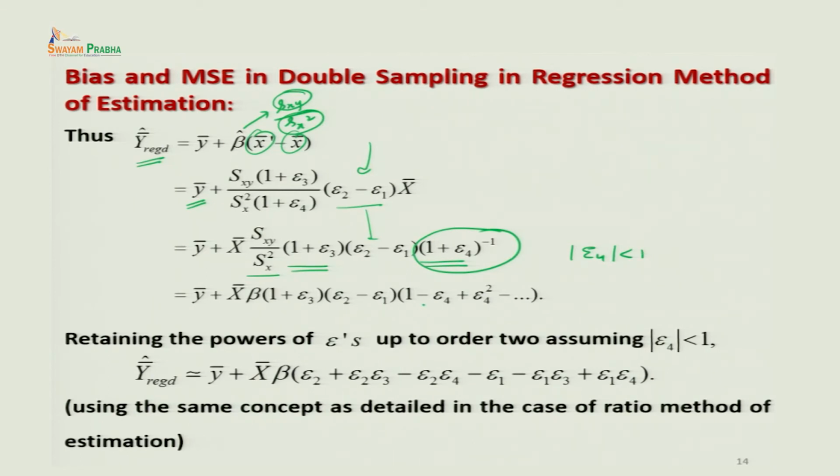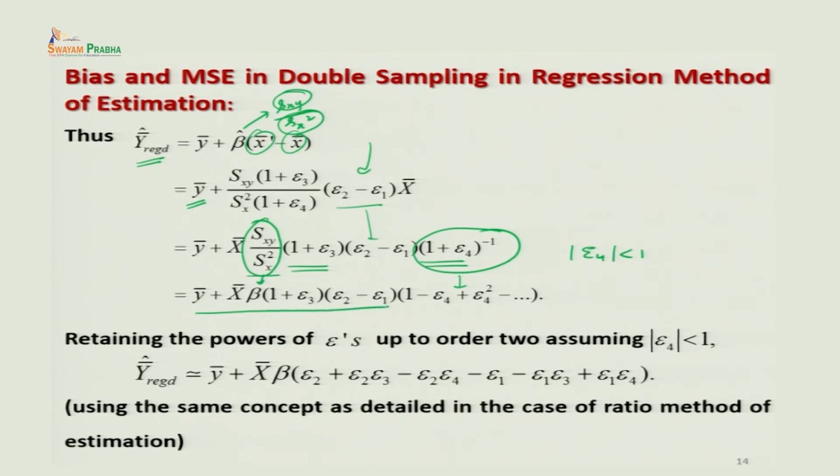So I expand it like this: 1 minus epsilon 4 plus epsilon 4 square. But before that, if you observe this quantity, what is it? This is beta.